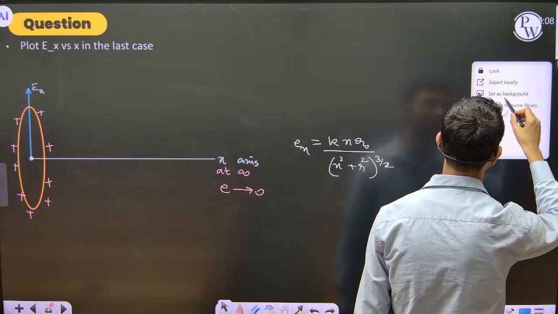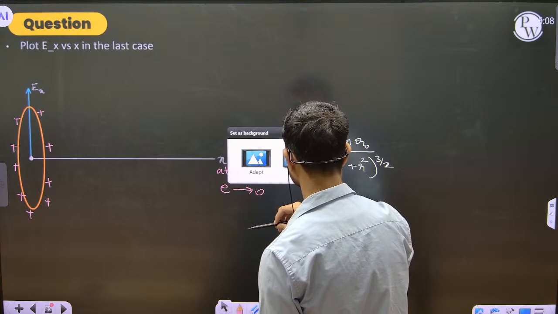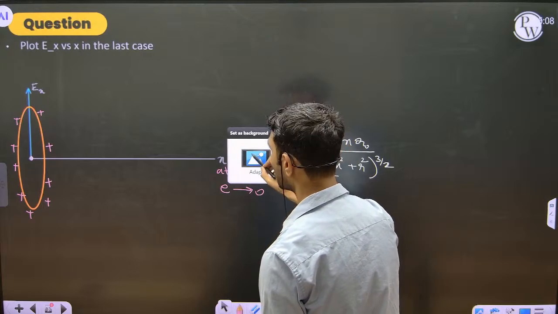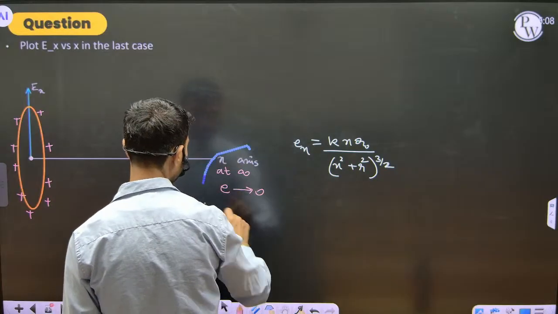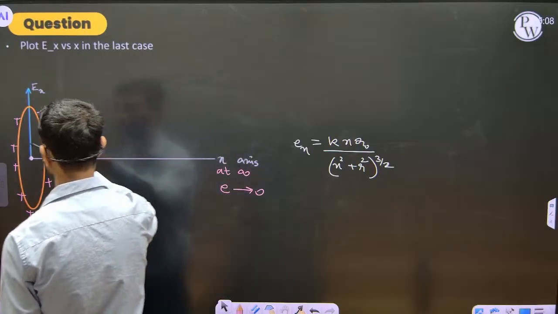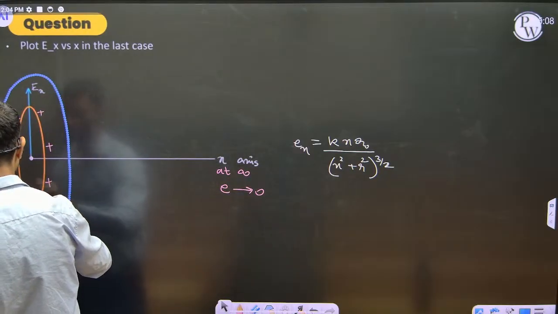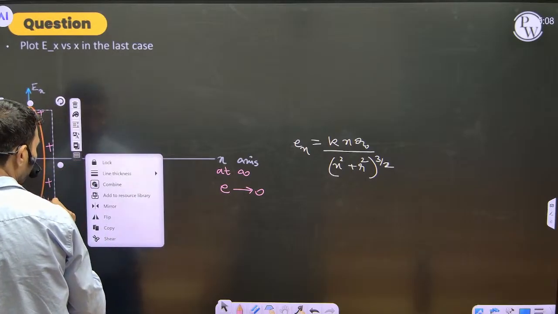Save this as set as background, and it up. So this part is background. Now I can select things. Nice. And what if I make this also background? This also I'll make it a background object. Can I do that?